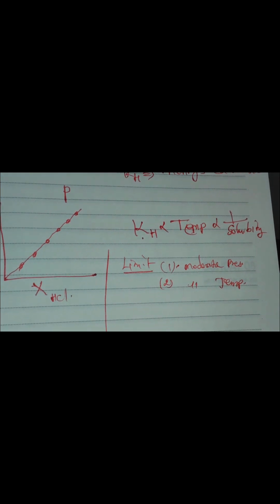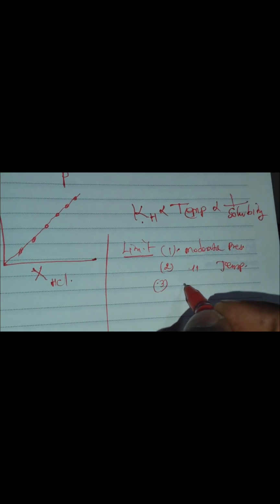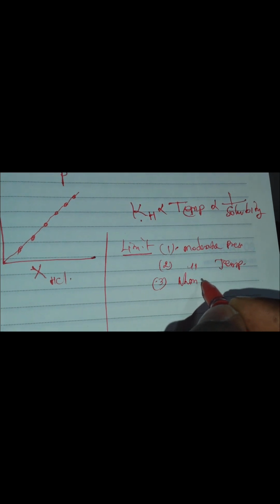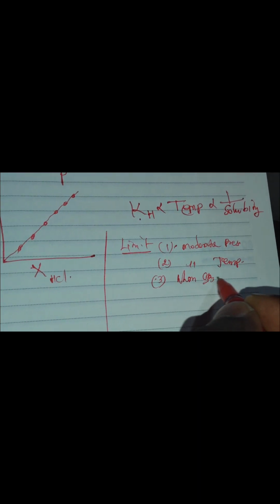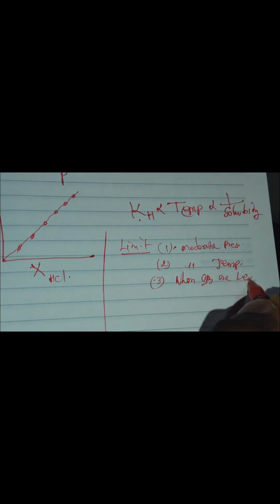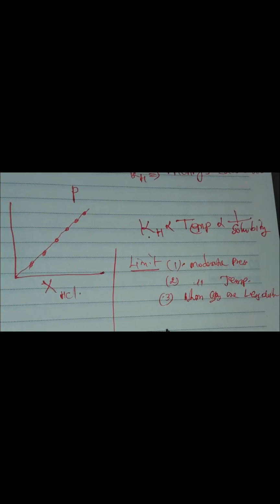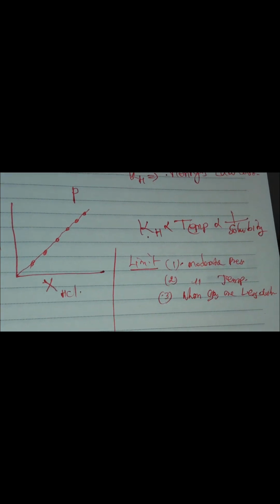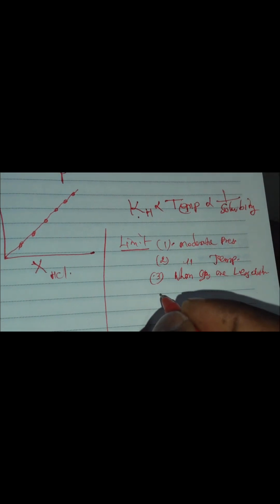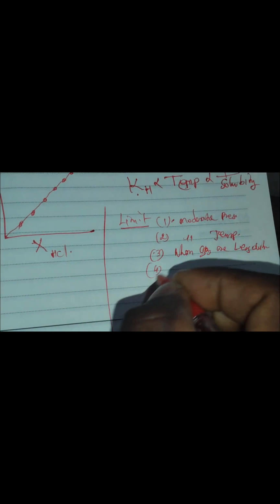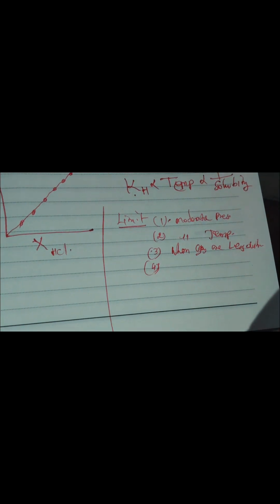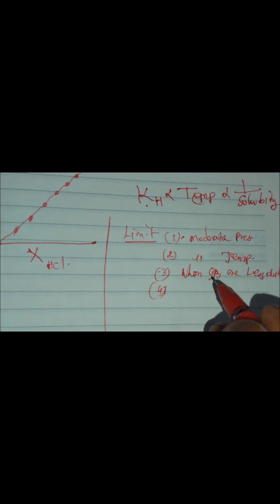The third category is when gases are less soluble. And the fourth category is that the gases do not react with the solvent. That must be important, because if the solute reacts with the solvent, it mostly affects the result.